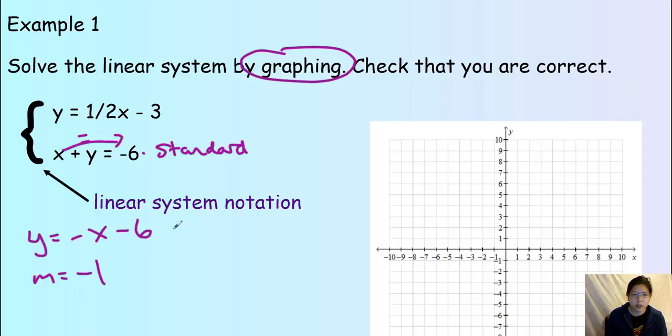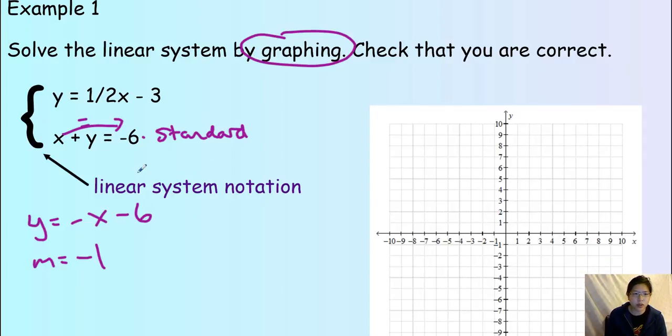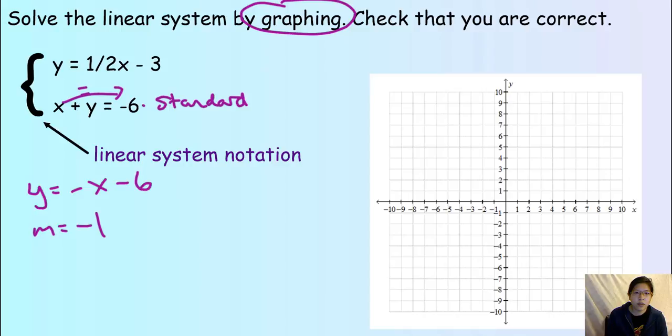So now it's much easier for me to graph these two equations. So in the first one, and I'm going to do it in red, y equals half x minus 3. So my y-intercept, or my initial value, is negative 3. So on my graph, I'm going to plot a point at negative 3. My slope is 1 over 2. So my rise is 1, so I'm going to go up 1. And my run is 2.